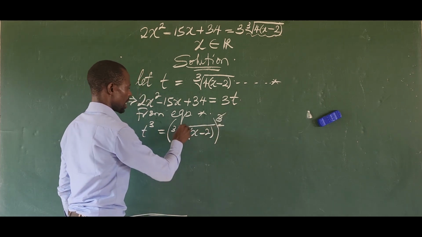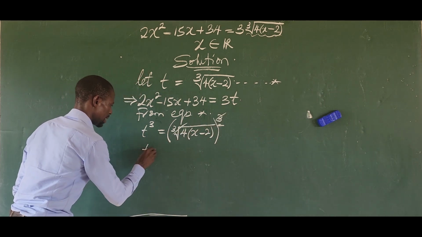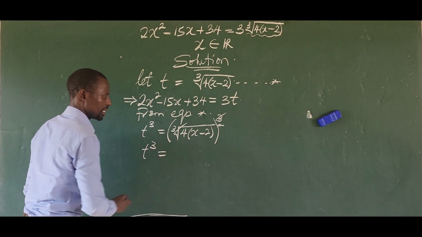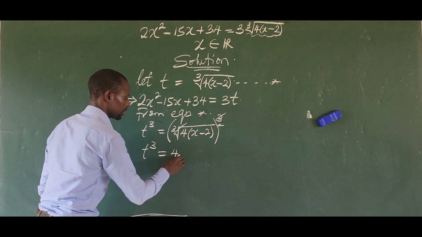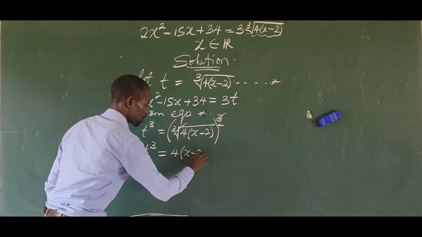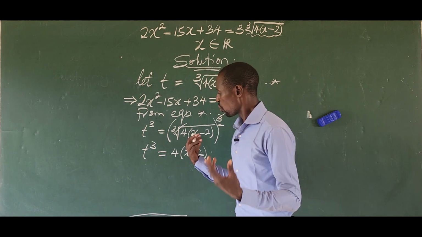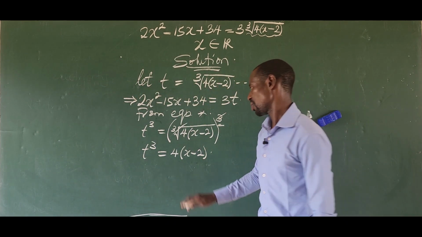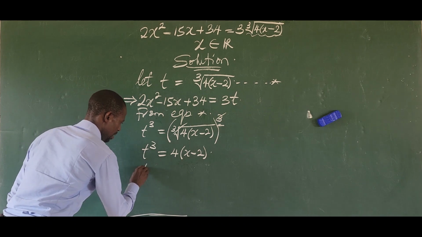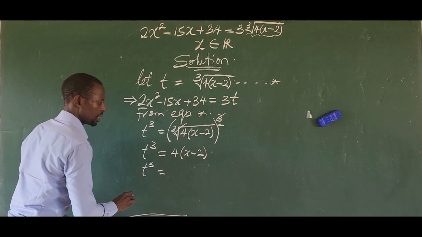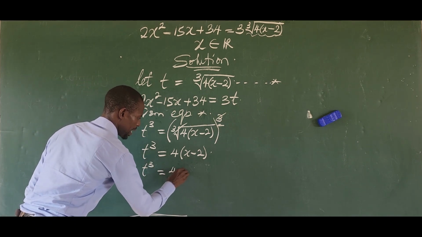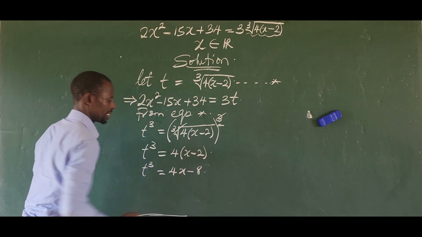So this and this will leave the system. Then I'm left with t³ equals 4(x minus 2). Because we want to make x the subject of the formula, we have to open this bracket. So t³ will now be equal to 4x minus 8.